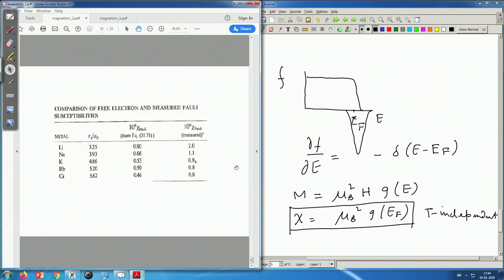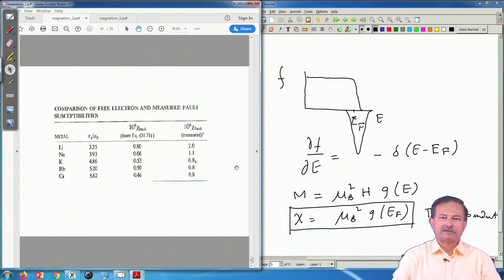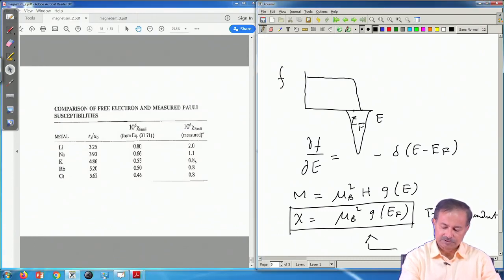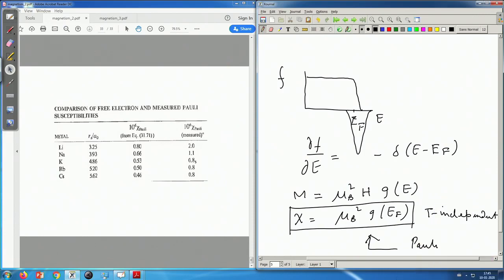Of course, a real conduction band, a metal, is never non-degenerate, and you have to work in the degenerate limit, which is what gives us this result. So, this is T independent. This is extremely important in the sense that this is called the Pauli paramagnet, because Pauli was the person who first derived this.